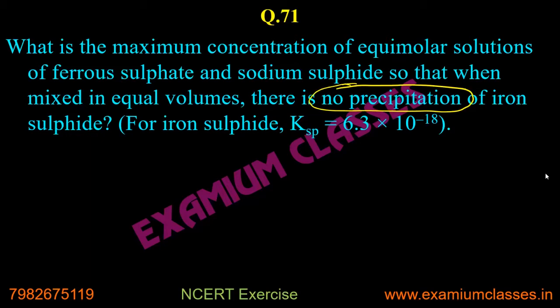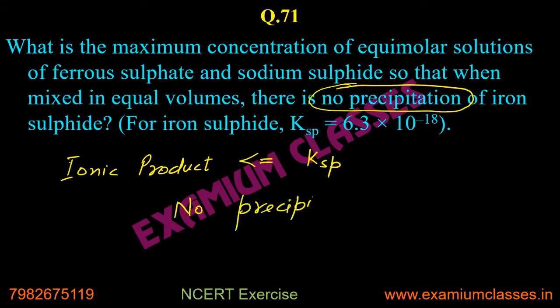The solubility product has to be less than... Yes, Tuhina, correct. The ionic product, sorry. The ionic product has to be less than, not equal, Mehak. Okay. Ionic product must be less than or equal to KSP for no precipitation. I just told you within, I think, the last 2 minutes.